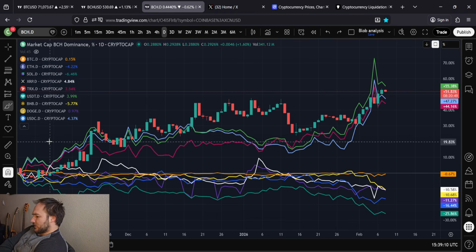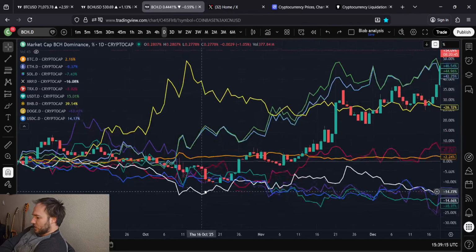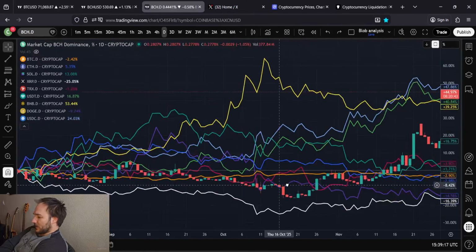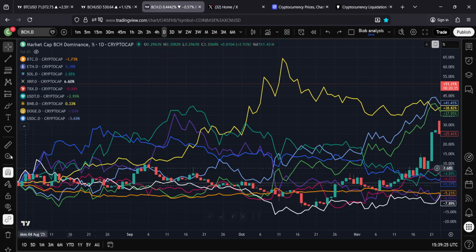And I took this data, we go back far enough, and you can see that things change. It's all on a percentage basis. So what these lines are, is from the very starting point, which I don't think you can see because of my face. Let me get rid of my face here. The starting point back here to where we are here, this is where the market cap dominance was for each of these projects. This is the percentage of growth they had versus this starting point here, right?